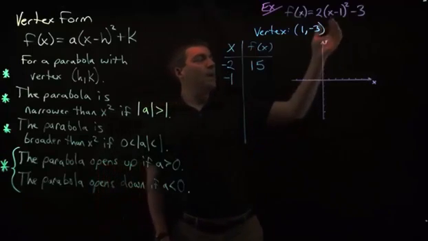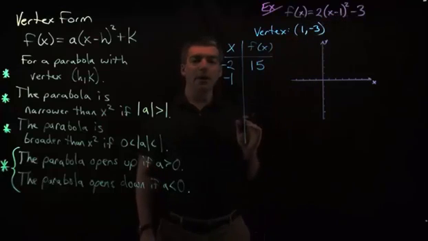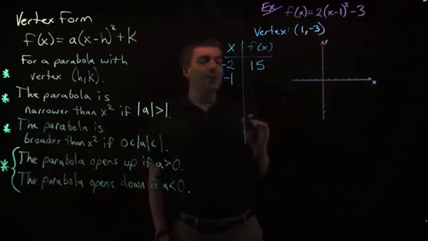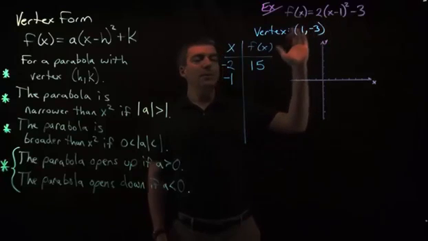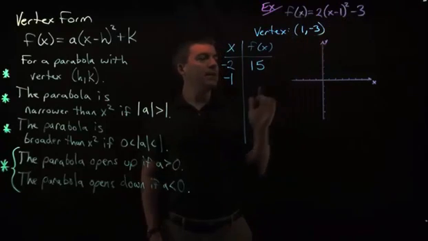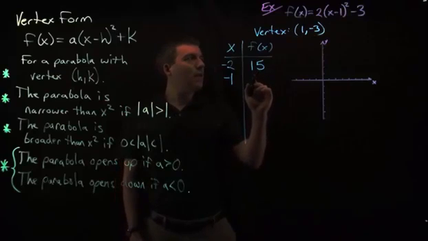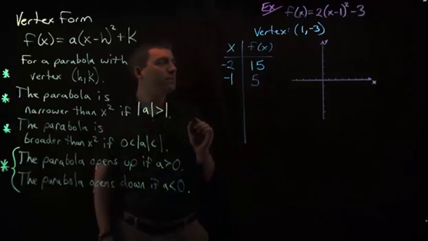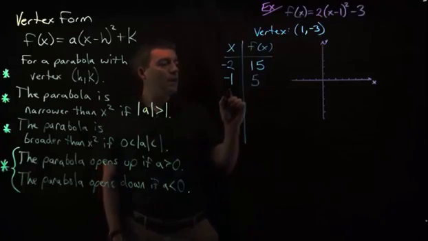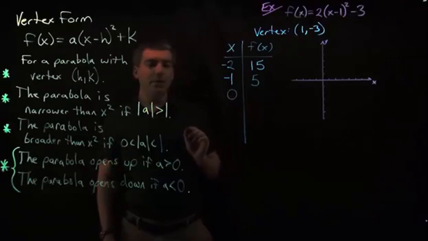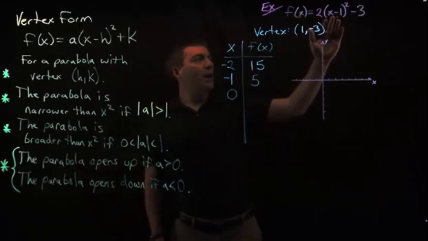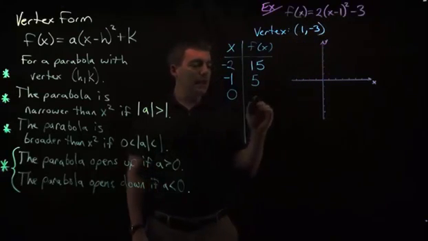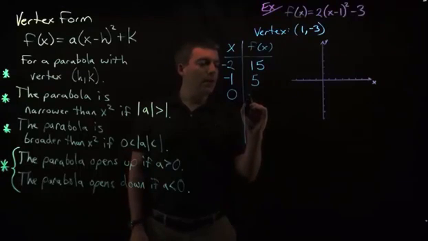Negative 1: we have negative 1 minus 1 is negative 2. Squared is 4. 4 times 2 is 8. Minus 3 is 5. X equals 0. Well, negative 1 squared is 1, times 2 is 2, minus 3 is negative 1.